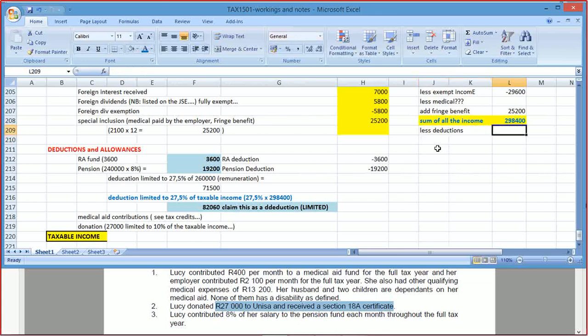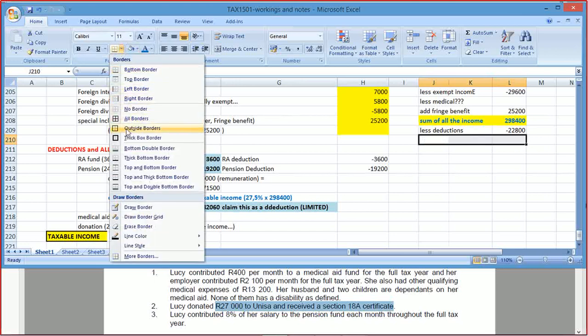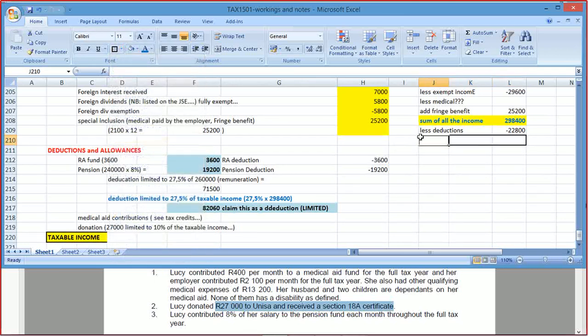Let's see how much she actually has at the end of that point. So now we can say less deductions. The deductions were those two amounts, 22,800 was the amount that she was able to deduct.